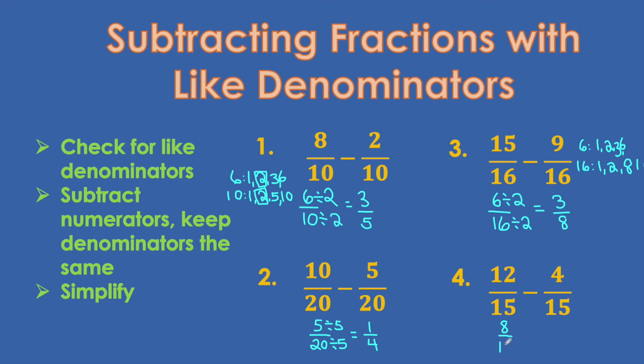Copy down the 15. Check and see if you can simplify it any further. Well, the only factor that 8 and 15 have in common is 1. So that means we are finished. Because if you have 1 as the only common factor for the numerator and the denominator, you can't simplify it any further. So that is our final answer, 8/15.